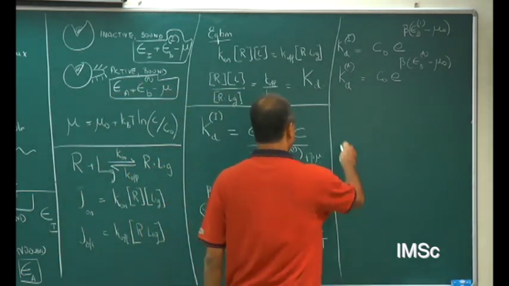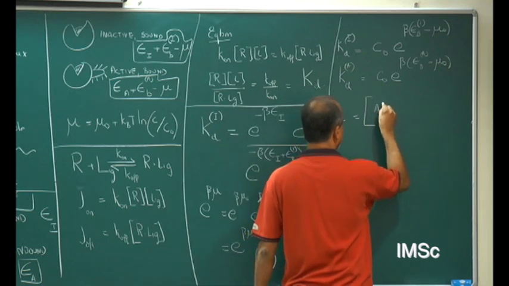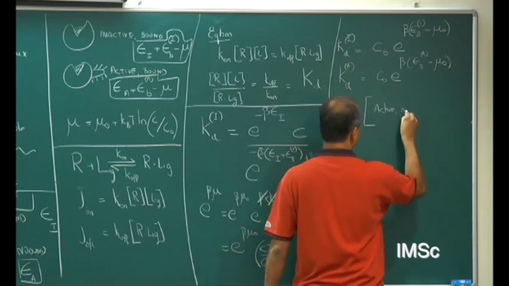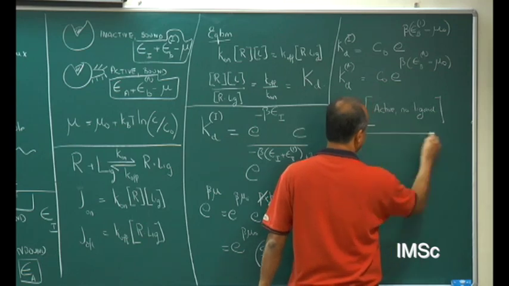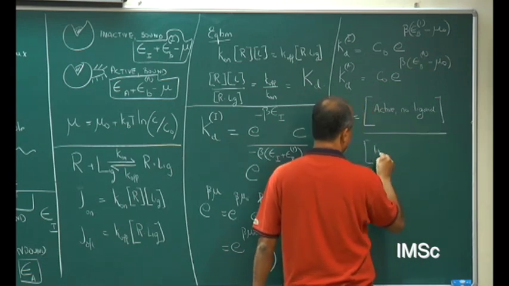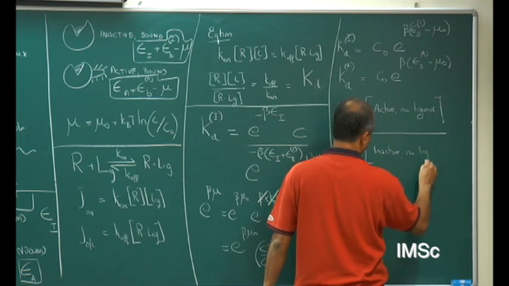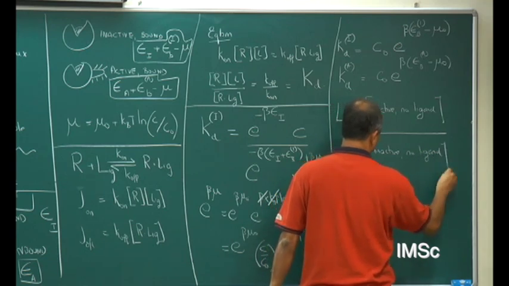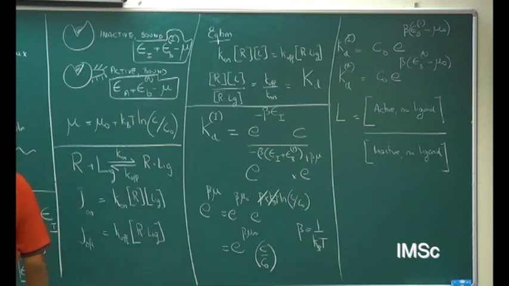Finally, L is just the concentration of active, no ligand, divided by the concentration of inactive, again without ligand. So this is the ratio of active and inactive states which are not bound.